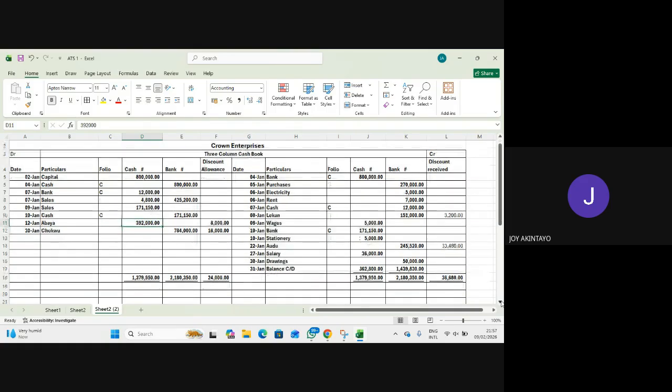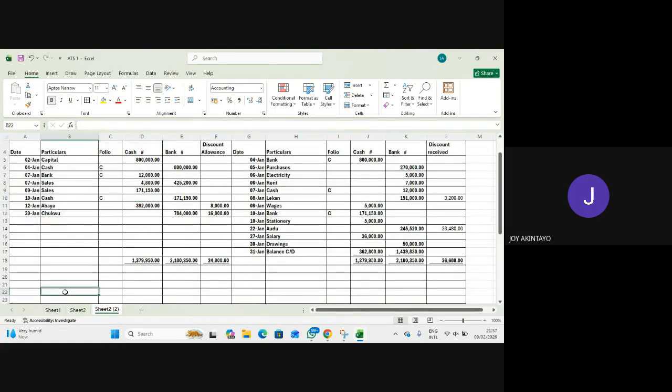The total now says 137,950. That's why anytime you are going to the exam hall, go with your calculator. Do you understand?